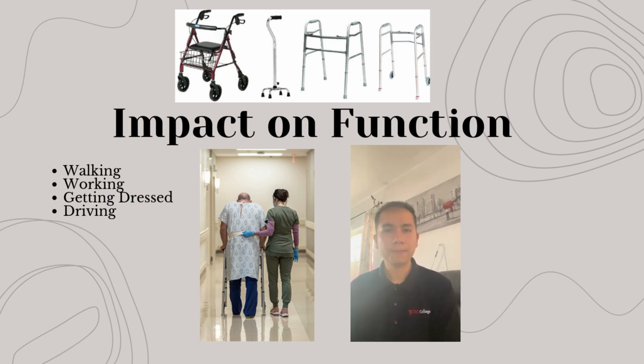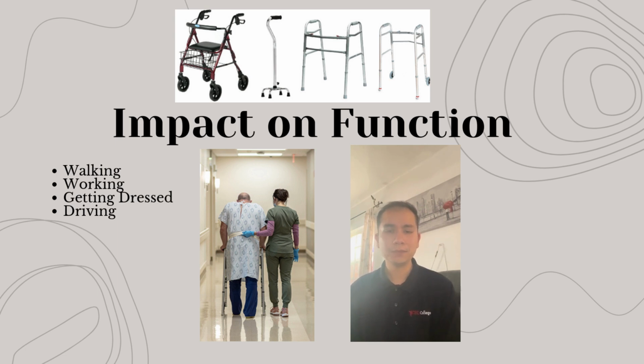And then physical therapy will address these restrictions by proper gait training. So we will teach them how to use the assistive devices that they have to use, like a walker, axillary crutches, or a cane.